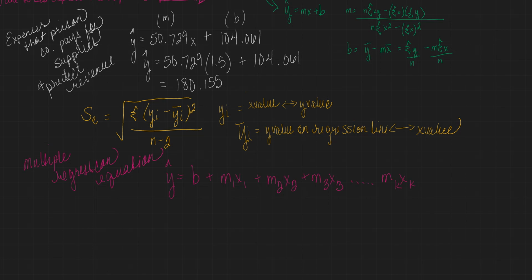And then we can't forget that there is error, right? So we'll put error in there. And that is why this piece is so important, because we can't really observe how much error we have. We have to estimate that. And so that gets included in the multiple regression equation.